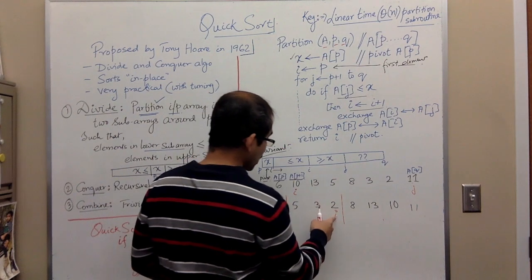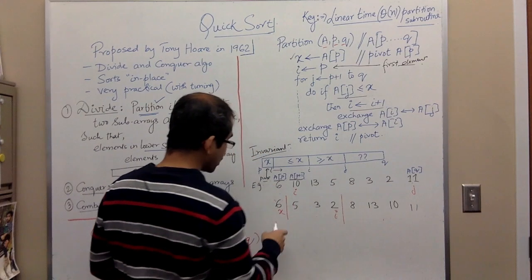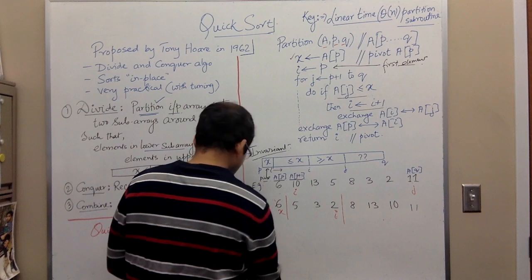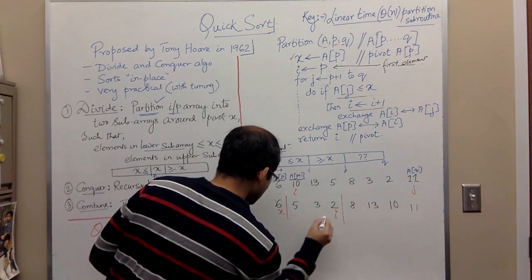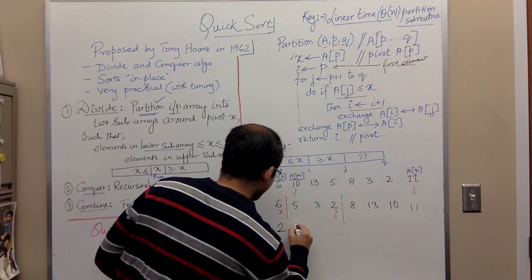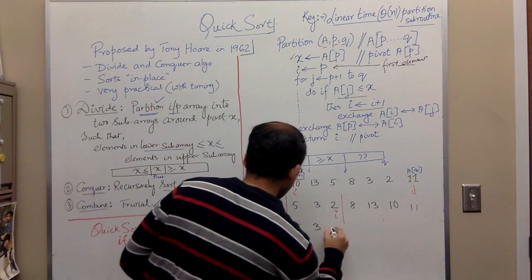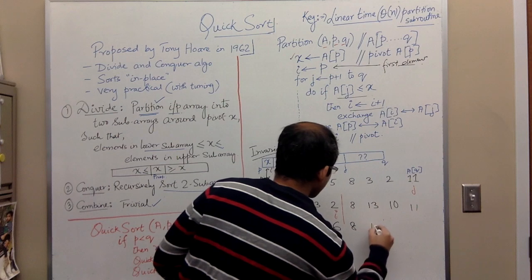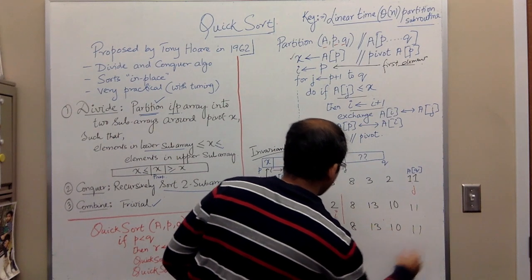So now a[i] is 2, and the new array at the end of this round is 2, 5, 3, and 6, and then 8, 13, 10, and 11.